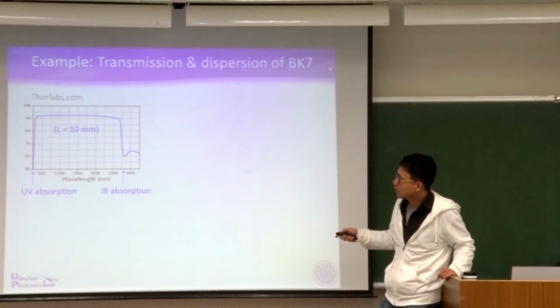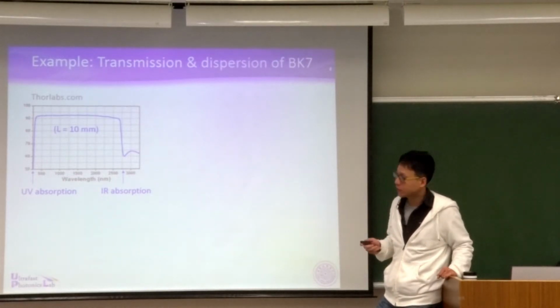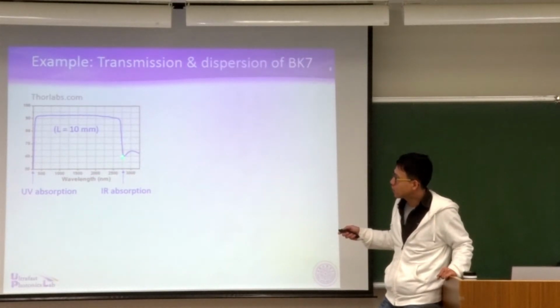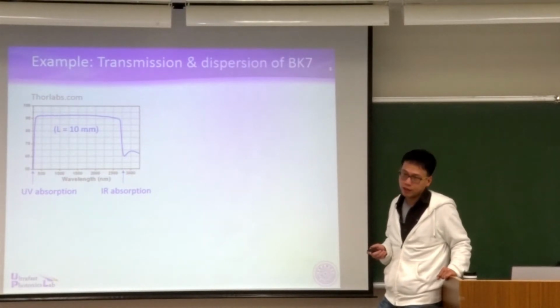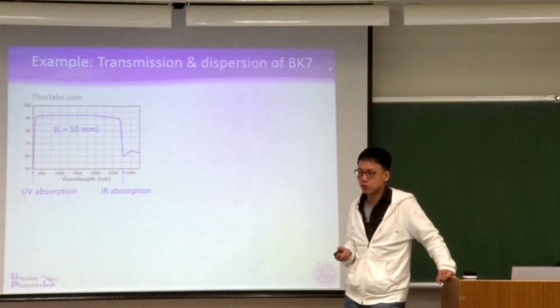Okay. So you can see clear UV absorption here, about 320 nanometers. Another infrared absorption here, around maybe 2800 nanometers. Between them, you've got a flat, transparent region.